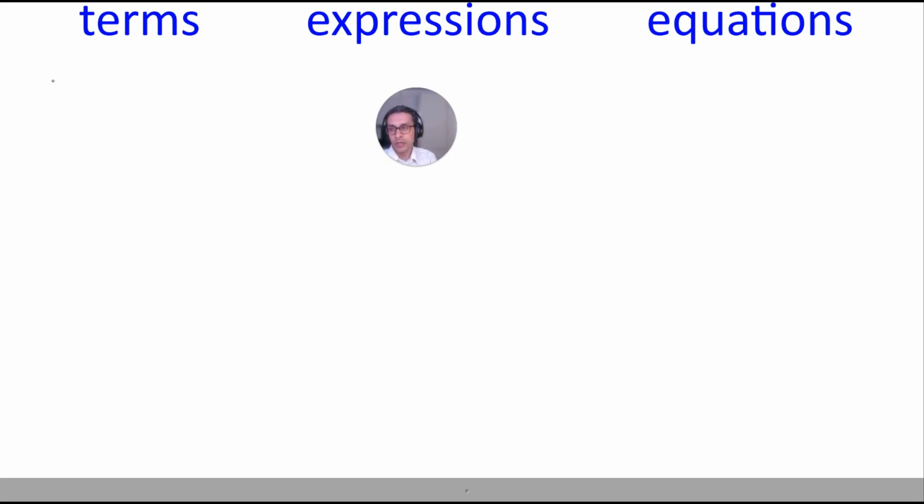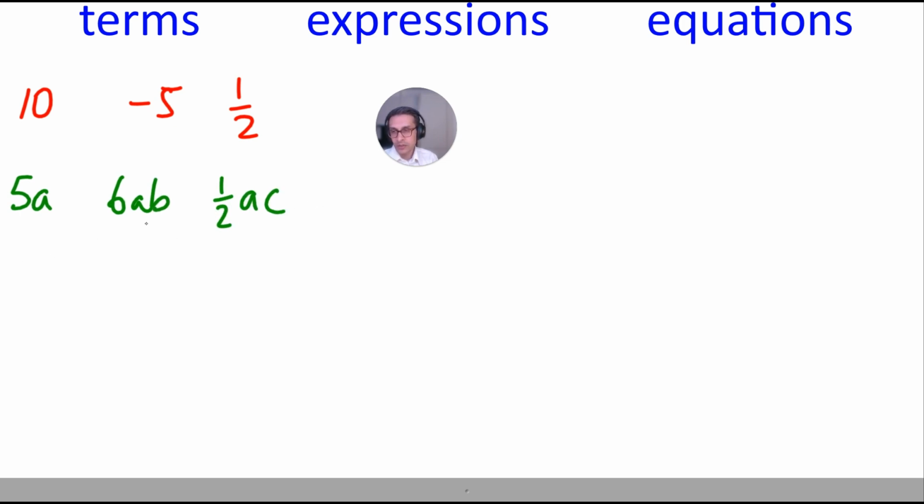So a term might be a single constant, so just a number like 10, -5, or a half. It might be a combination of a number along with one or more letters, so it could be 5a, 6ab, half ac. There might even be powers involved as well.